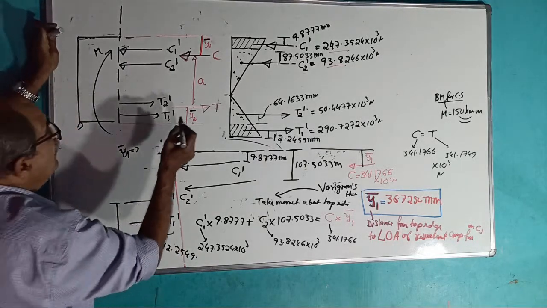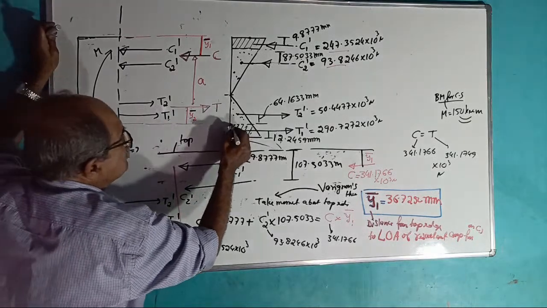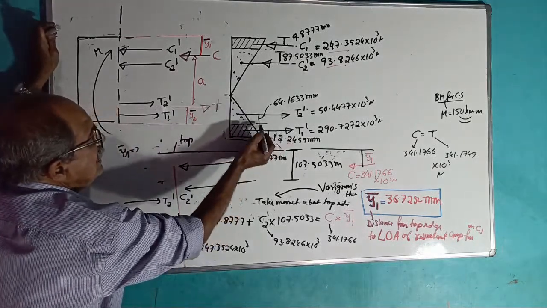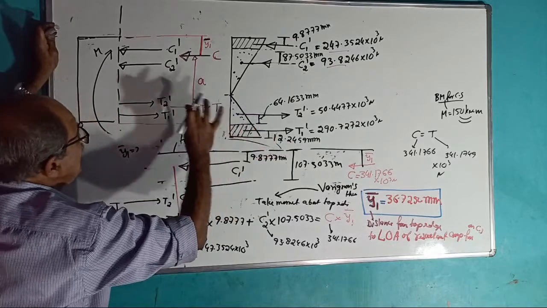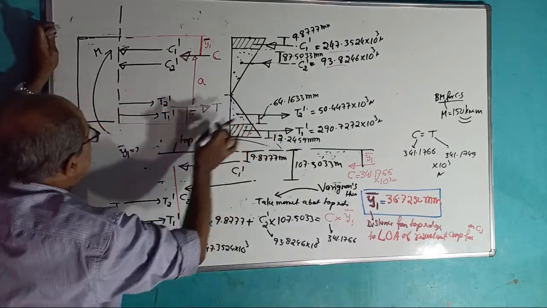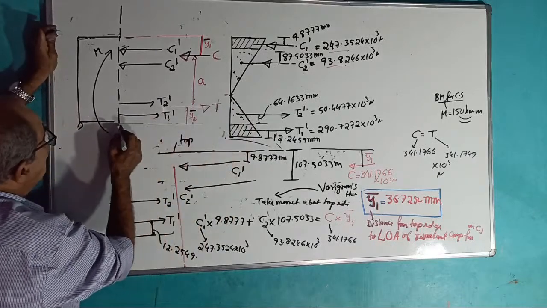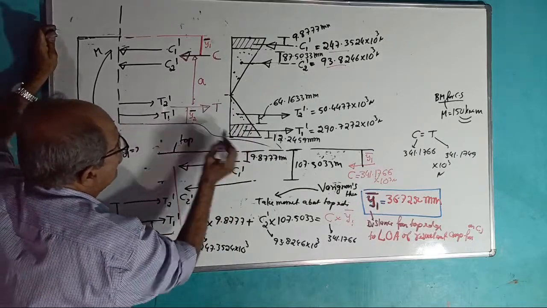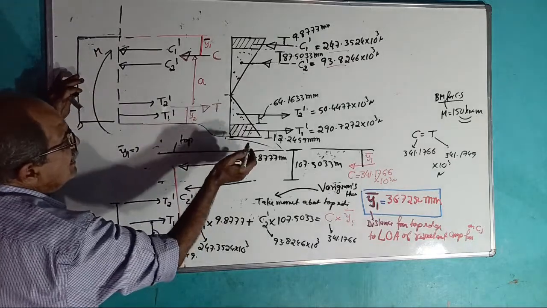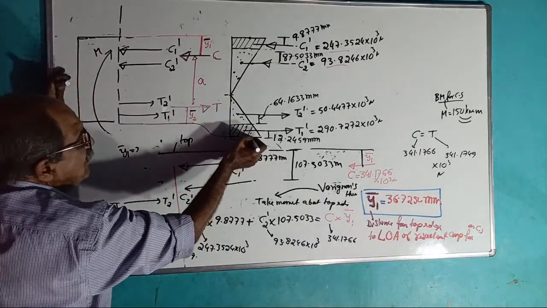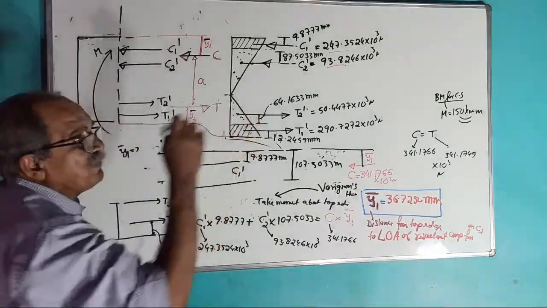Be careful. From the junction of the flange and web, it is 64.1633. It is not projected here. Actually, this level is this level. Okay. I by chance reduced it here. I am not projecting.